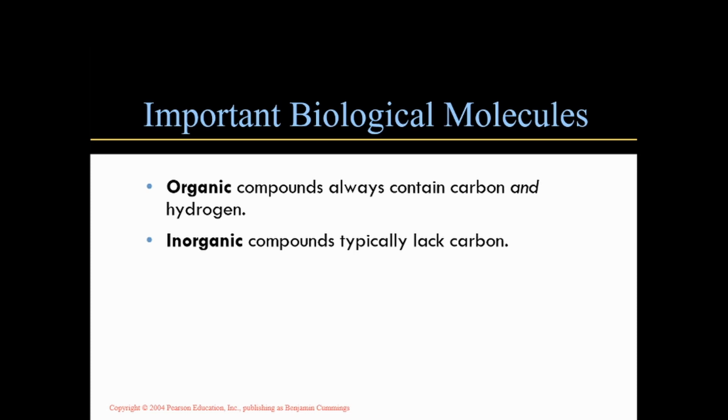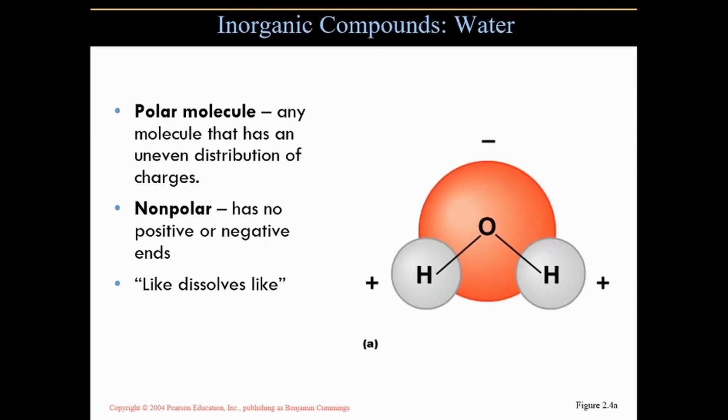So we'll be looking mainly at the organic compounds, and the four major organic compounds that make up all living things. Before we get into that, let's look at some inorganic compounds, beginning with water. And remember these terms that I use for covalent bonding, polar and nonpolar. A polar molecule is any molecule that has an uneven distribution of charges.